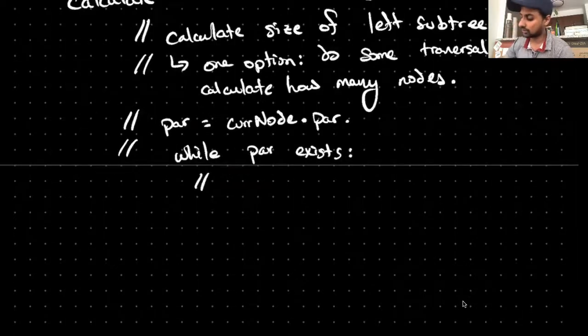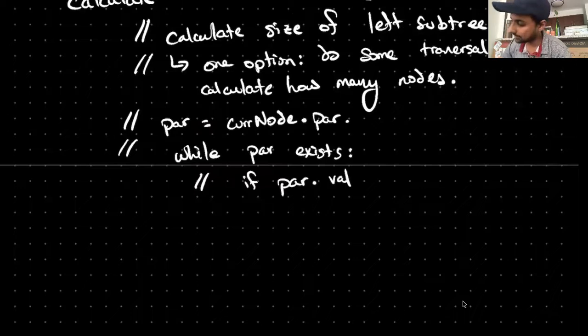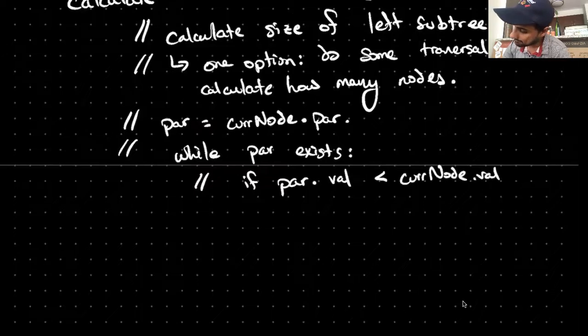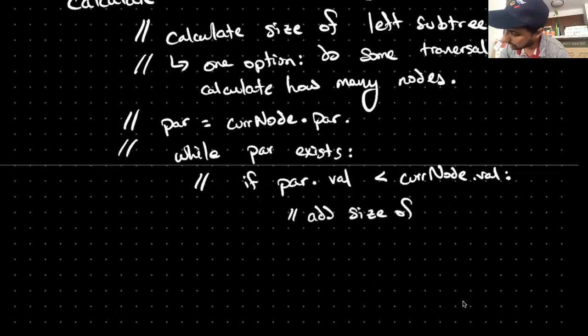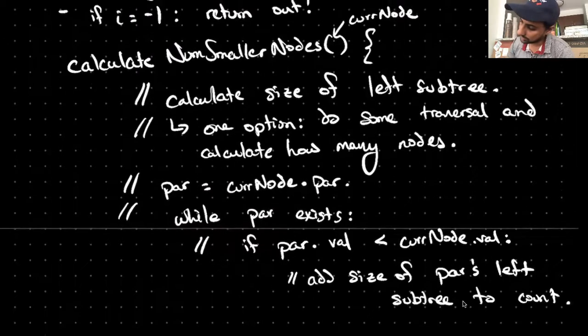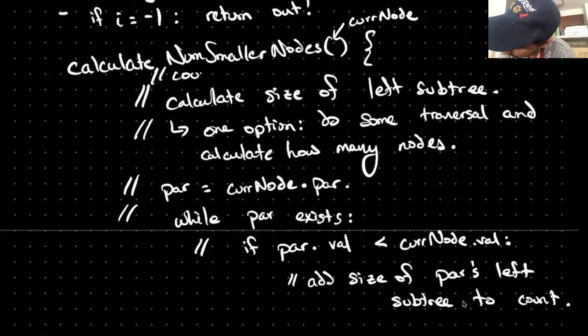We want to say if the parent value is less than current node dot value, then we want to add the size of the parent's left subtree to count. And that reminds me, we want to initialize count here. So let's say count equals 0.